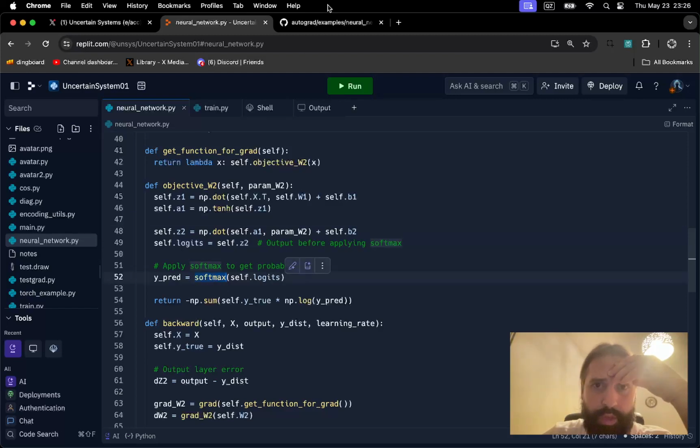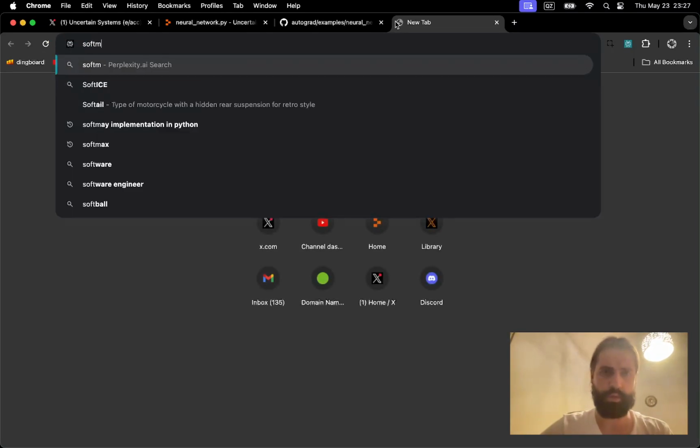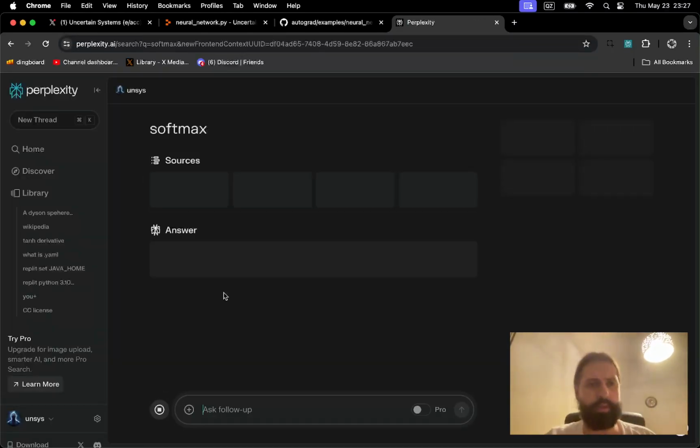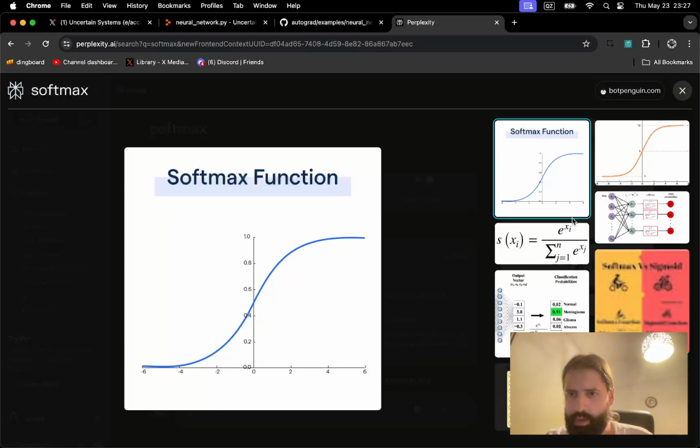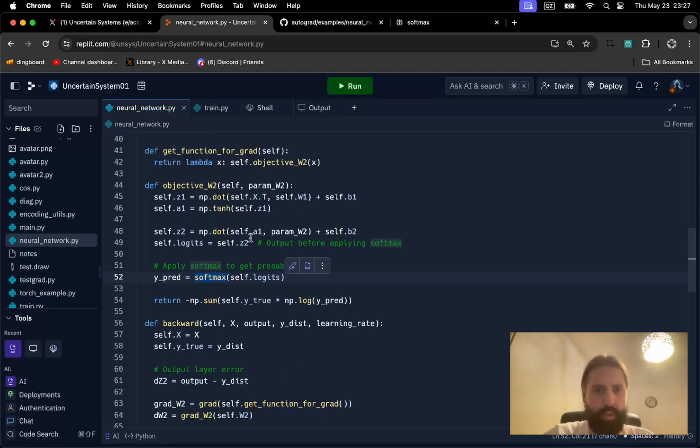That's also bullshit, I think, because softmax. No, it's okay, it's between 0 and 1. What our network does is take the logits and turn them into probabilities.